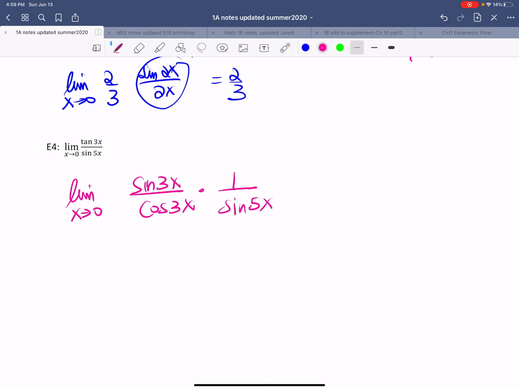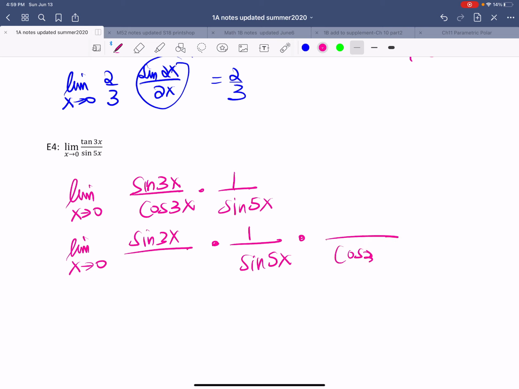And now we can do limit as x approaches 0 of sine 3x times 1 over sine 5x times cosine 3x. Okay, so I'm going to multiply and divide by an x. Now I'm going to multiply and divide by a 3. And I'm also going to multiply and divide by a 5.